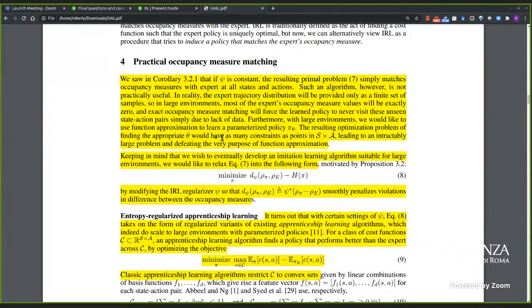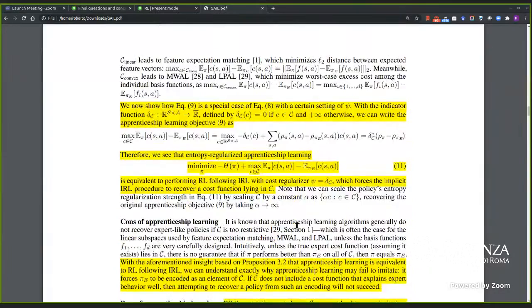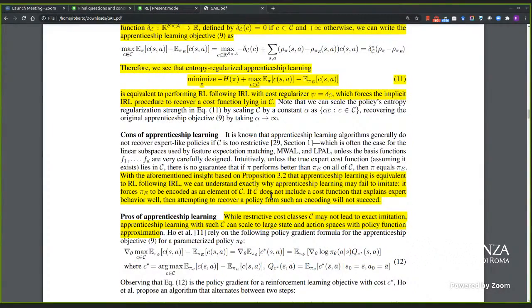But on the other hand, it has a lot of constraints on the usage of data, which restricts us to a setting where we cannot really apply these to large action state spaces. On the other hand, if we use apprenticeship learning, we can generalize and scale to large state and action spaces, but we have a problem in the set of cost functions that we consider.